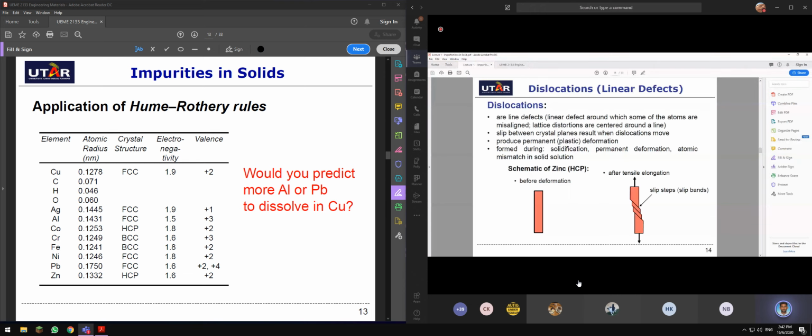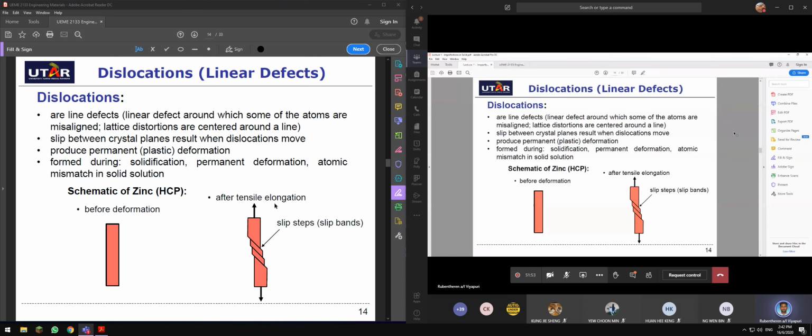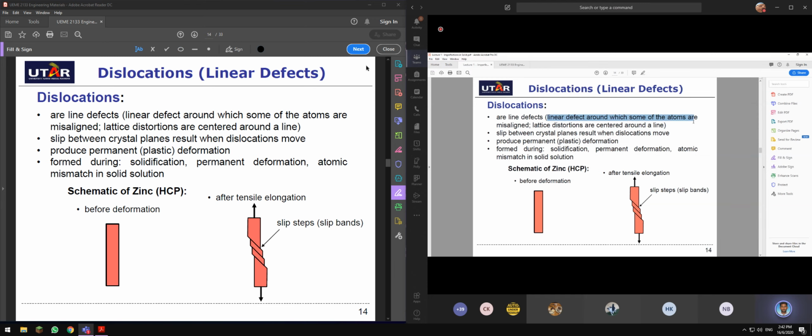Right, now let's talk about dislocation. Dislocation is another imperfection in solids. When I tell you about dislocation, you can imagine a continuous line. Dislocations are line defects. Highlight this: it is a linear defect around which some of the atoms are misaligned.